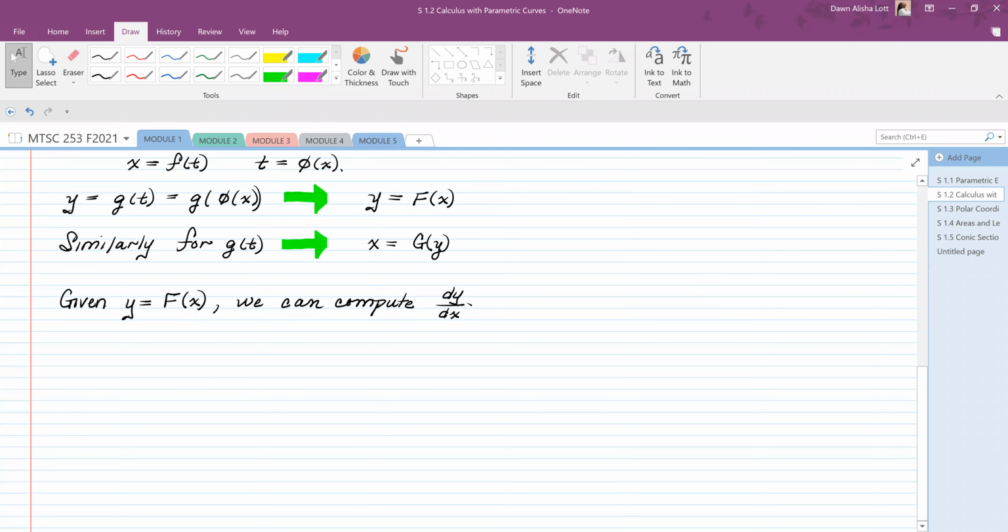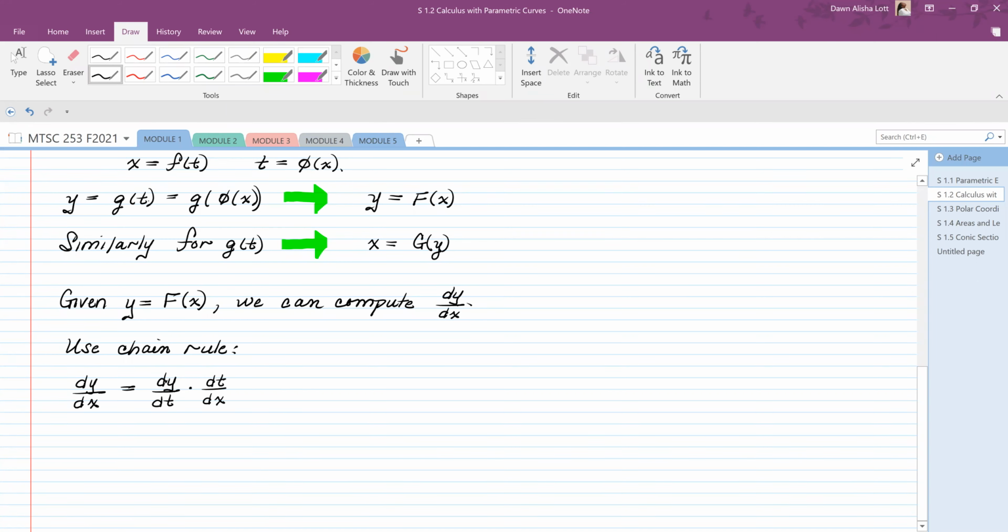We're going to use the chain rule. And this is so easy. We have dy dx is the derivative of y with respect to t times the derivative of t with respect to x.